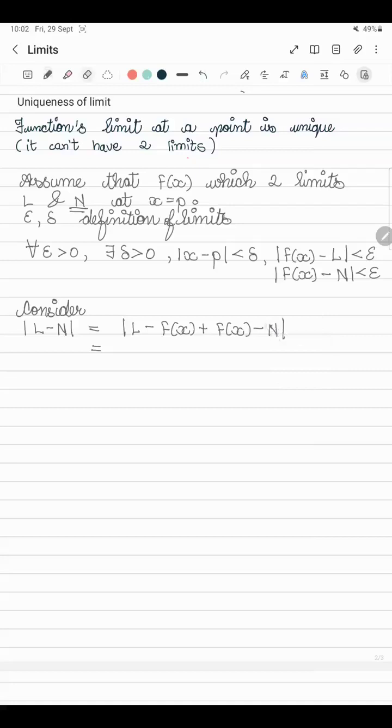And now we use the triangle inequality, and our expression would be mod of L minus f of x plus mod of f of x minus n. This expression would always be greater than or equal to mod of L minus n. This is what the triangle inequality says.